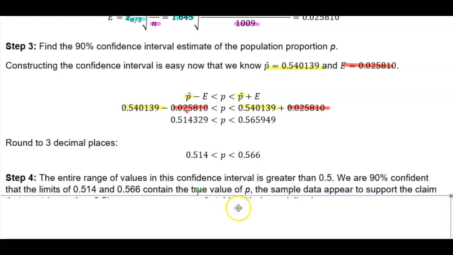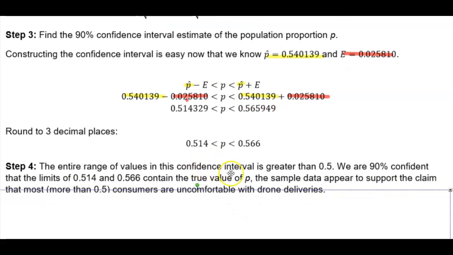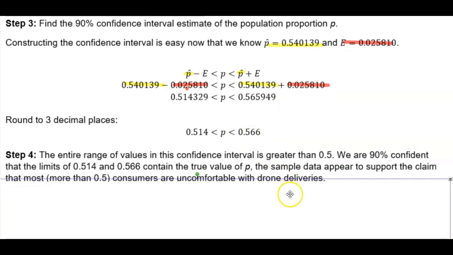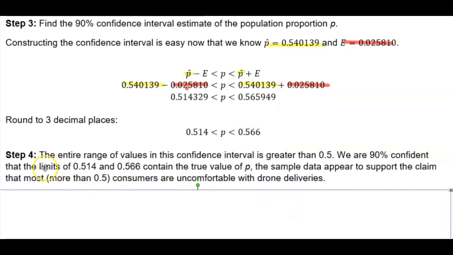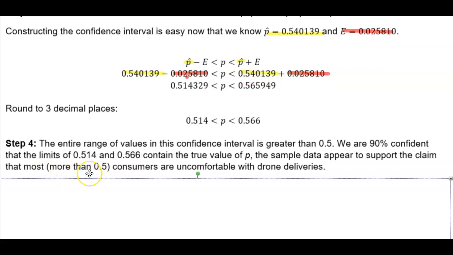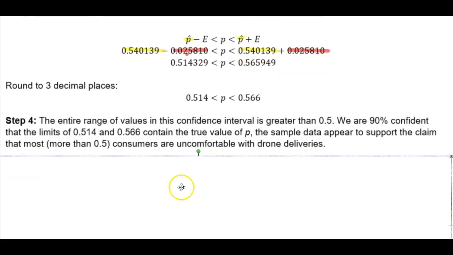We can see that the entire range of values in this confidence interval is greater than 0.5, because it starts at 0.514 and ends at 0.566. So we can say that we are 90% confident that the limits of 0.514 and 0.566 contain the true value of p. The sample data appear to support the claim that more than 0.5 of consumers are uncomfortable with drone deliveries.